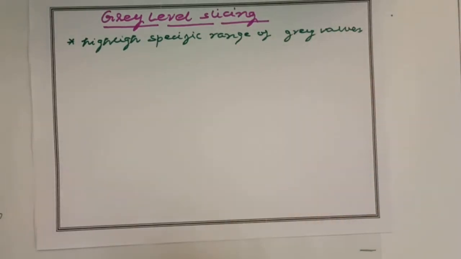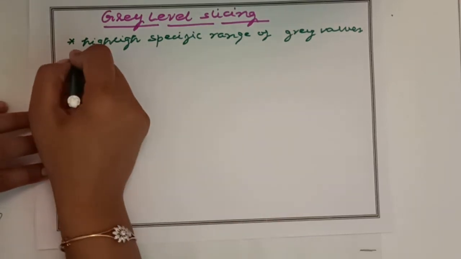So according to the application requirement, gray level slicing can be done. If you have your own black and white image and you want to highlight only the area where gray level ranges from 100 to 150, that can also be highlighted, and this type of function is known as gray level slicing. There are two approaches.